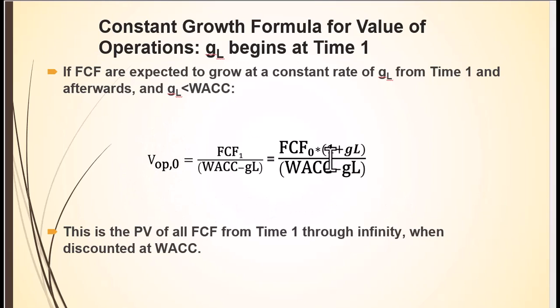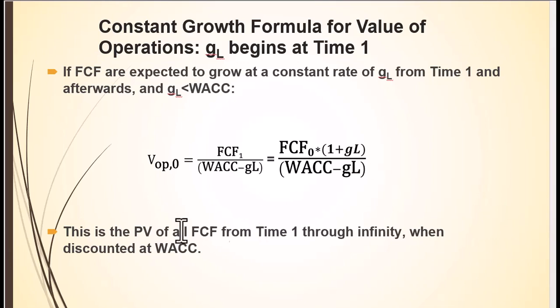Again, this formula and the previous formula are algebraically equivalent if we have constant growth, that's what we're assuming here, and we have an infinite time frame. If those two things aren't present, then this formula doesn't work.